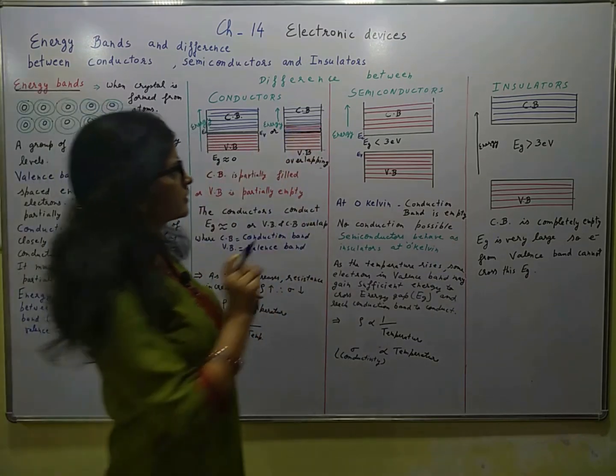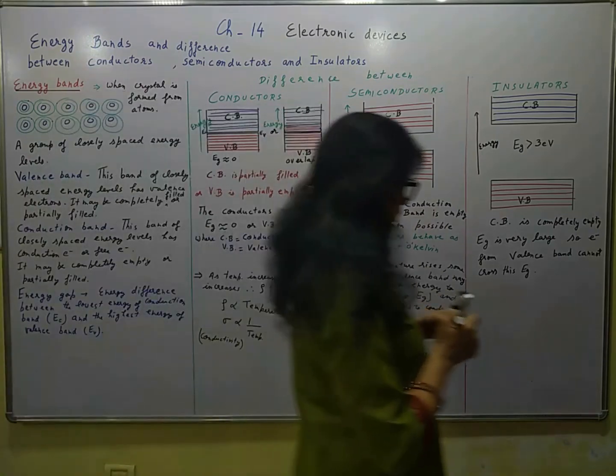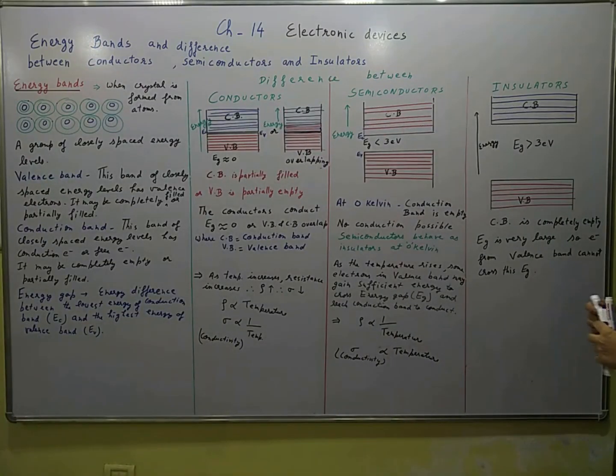This overlapping is clear here. Here I have shown these separately, no issues. Now with temperature rise, there is no change in the conductivity of the insulators because the energy gap is very, very large.